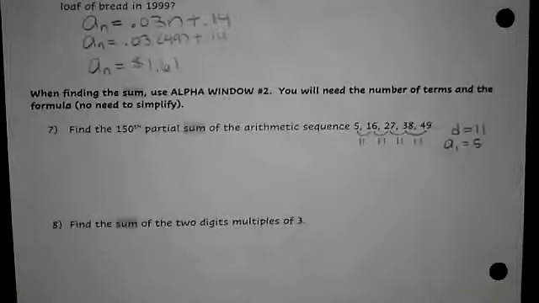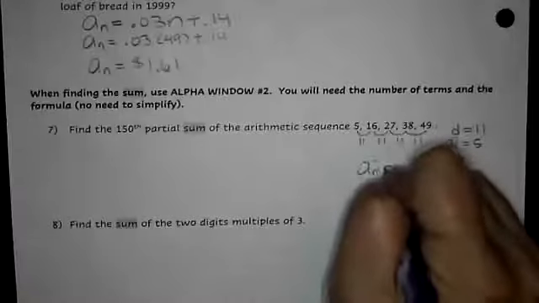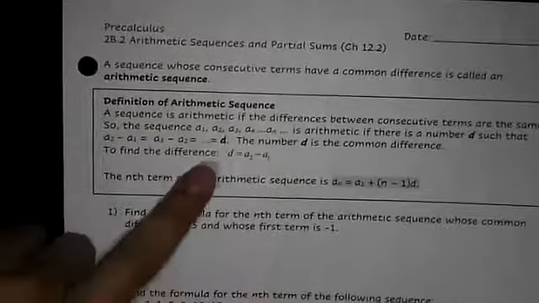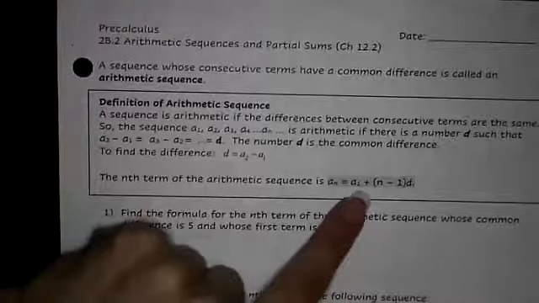So we write our equation. My first term is 5. And we're going to use this formula here this time. Or you could use the other one, whatever you're more comfortable with.